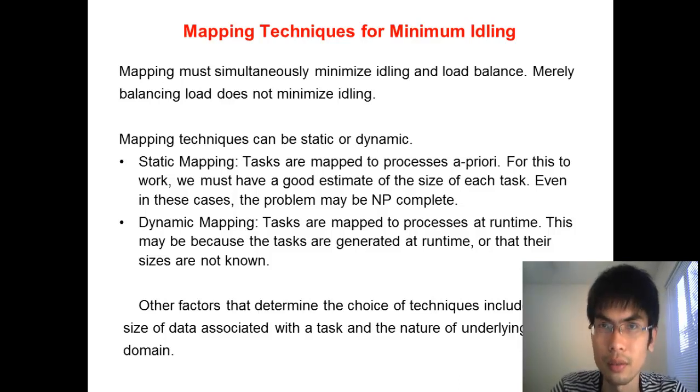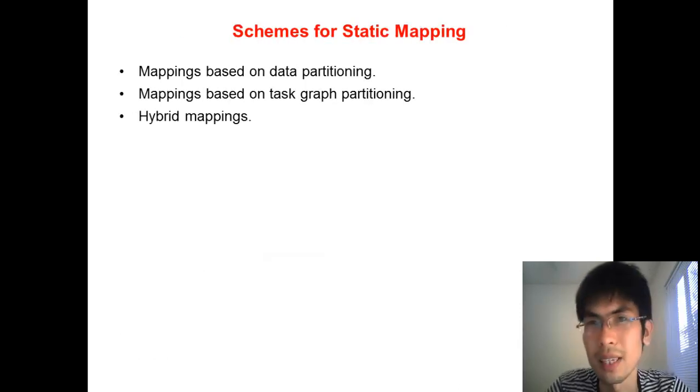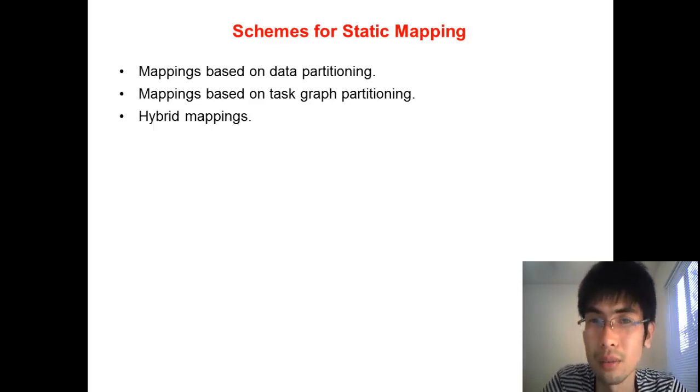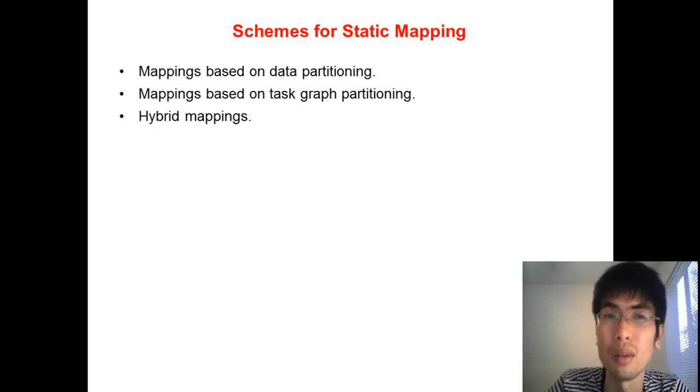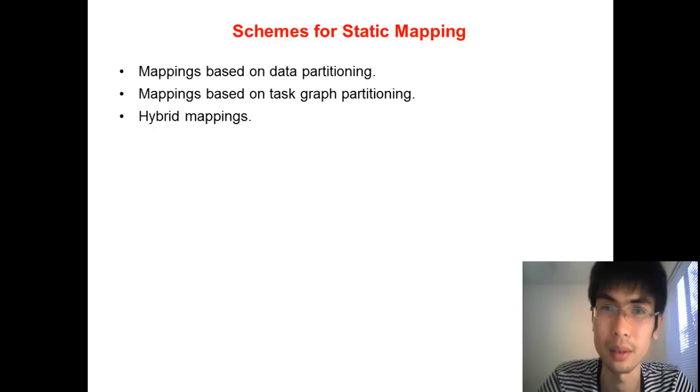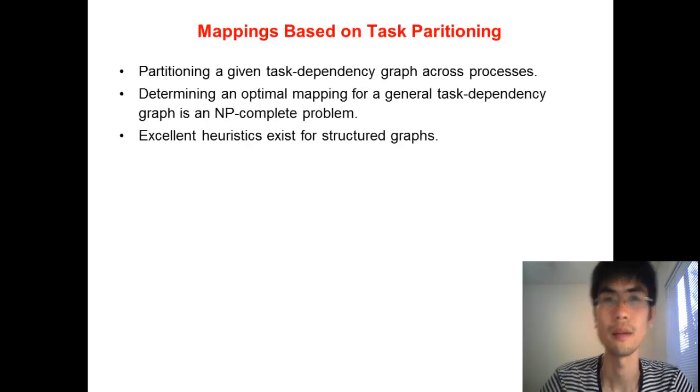Other factors that determine the choice of techniques include the size of data associated with the task and the nature of the underlying domain. So the schemes for static mapping can be based on data partitioning, can be based on task graph partitioning, or here we can have a third method called hybrid mappings.